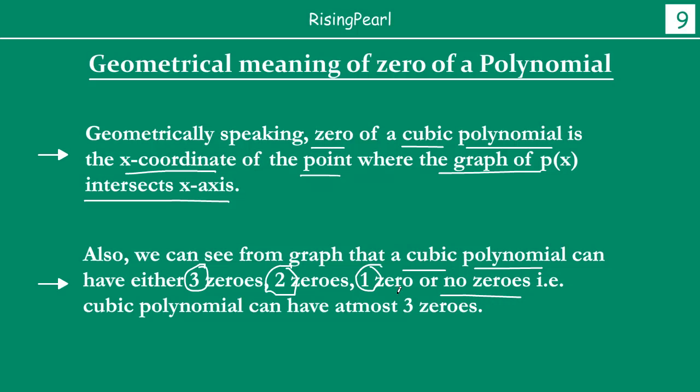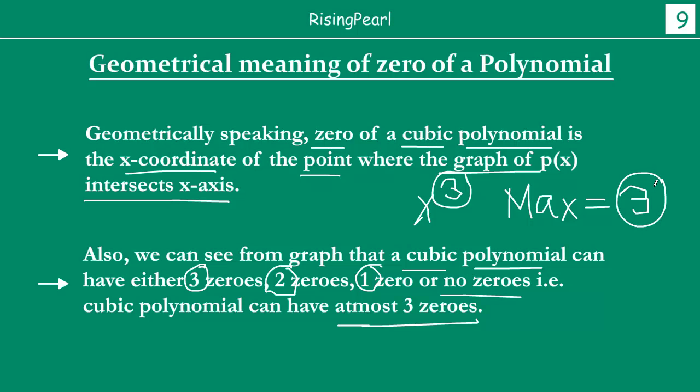That is, at most it can have 3 zeros. And again, this goes back to the fact that a cubic polynomial has degree 3. So at most, maximum, it can have 3 zeros.